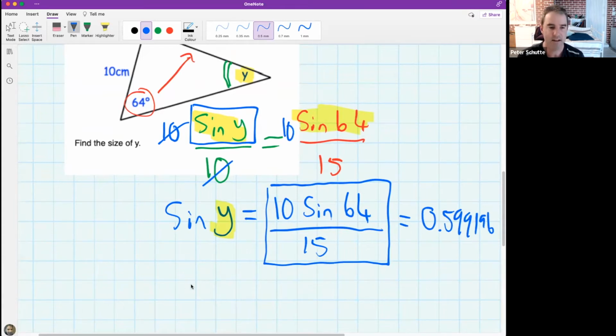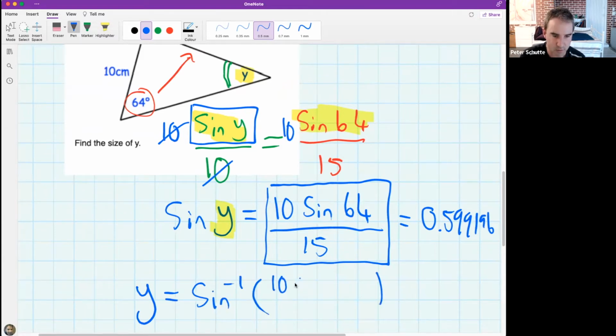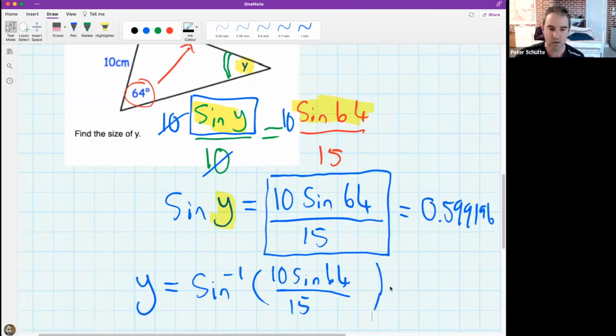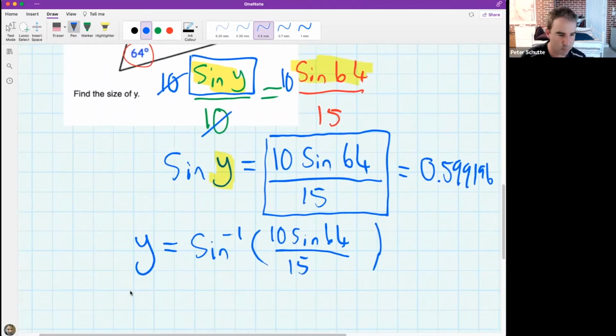Okay. Now, we don't write this down normally. We actually just do it in one big step. So we go Y equals, and we go shift sine, and we're going to type this into our calculators, or whatever the answer was from before. And let's just see what we get for our answer.